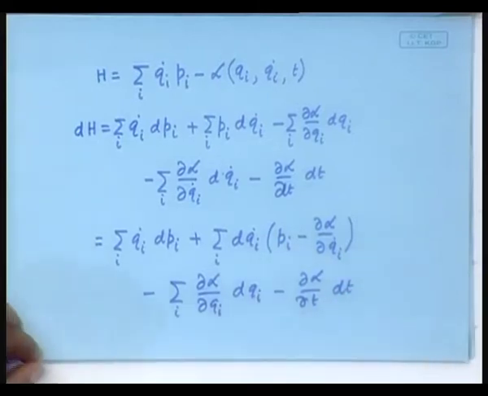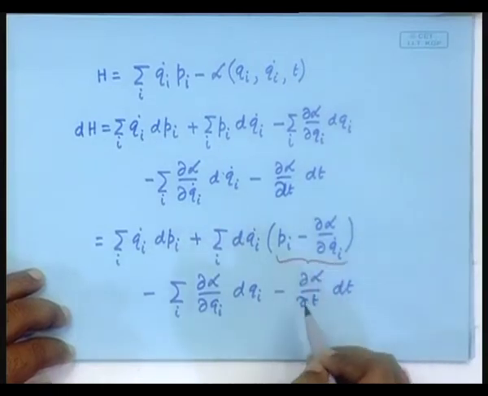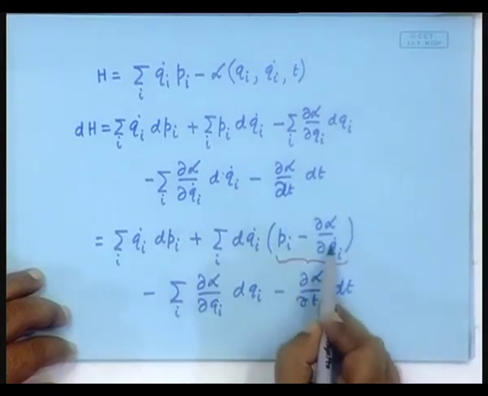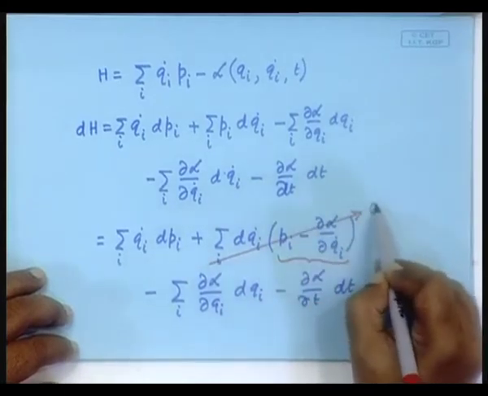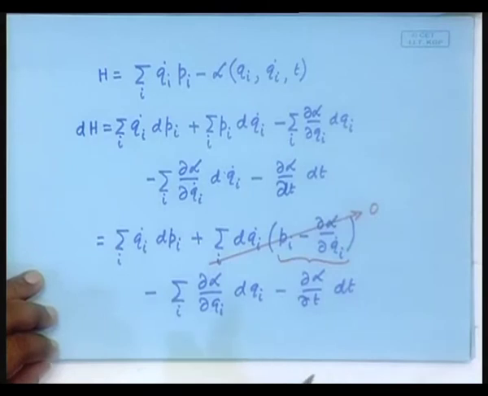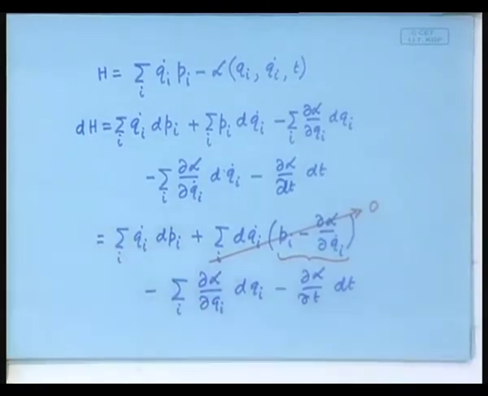Now, notice what is this? It will be 0, yes, because this is nothing but this. So, this whole term goes to 0, simplifies our affair. So, it is only this, this and this.